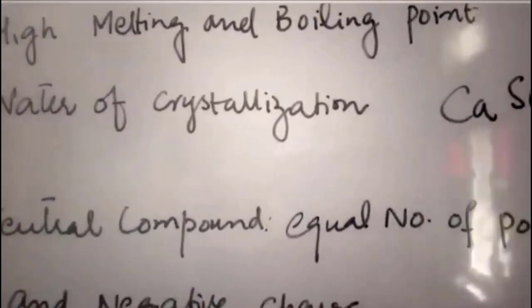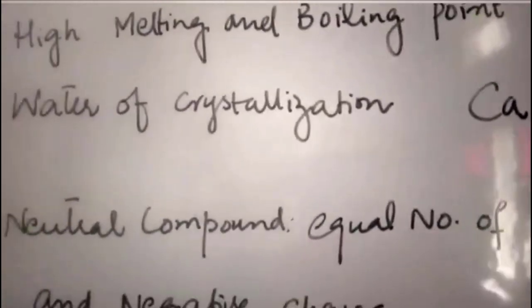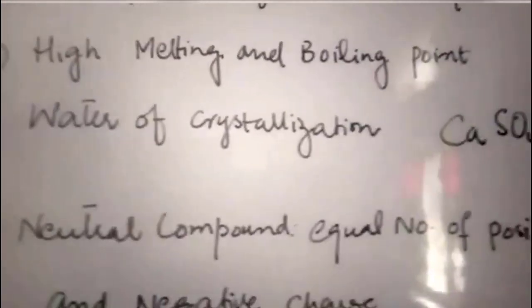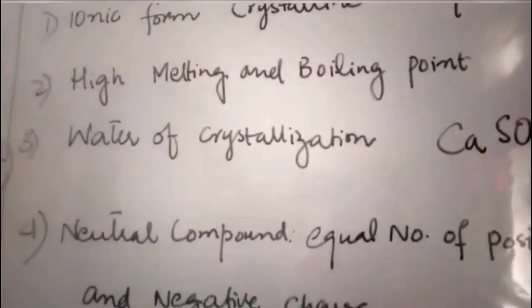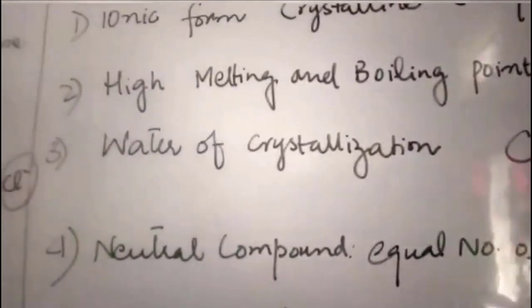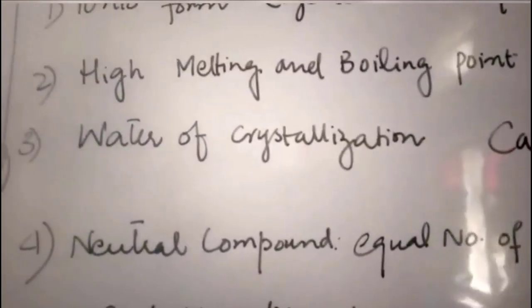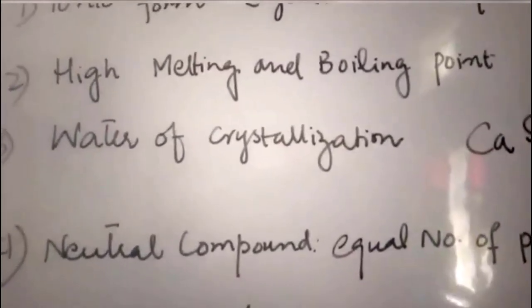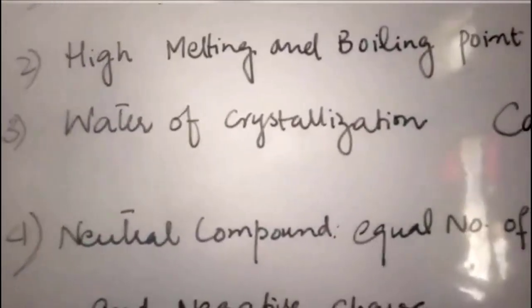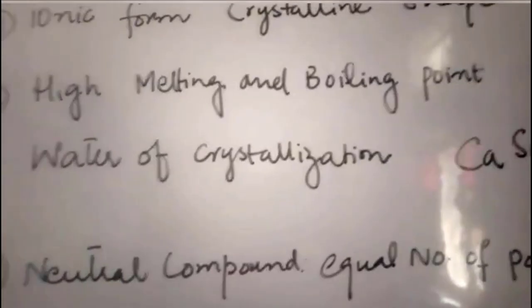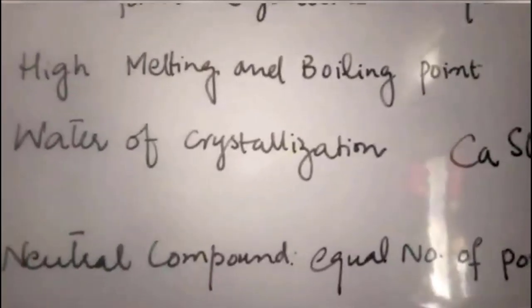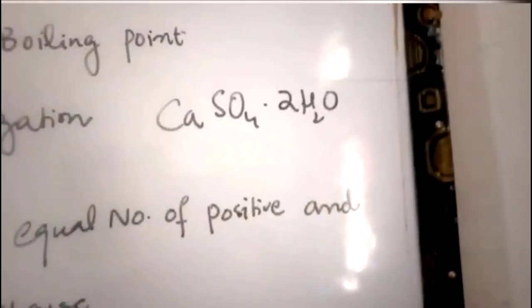Next is water of crystallization. Usually salts which have a proper shape have water of crystallization. The water of crystallization is needed to maintain the shape of the salt, to maintain the crystals of the salt. So water of crystallization is important, and it is present in usually salts because salts have a proper shape in the crystal form. So they need some water to maintain their shape, like calcium sulfate 2H2O.